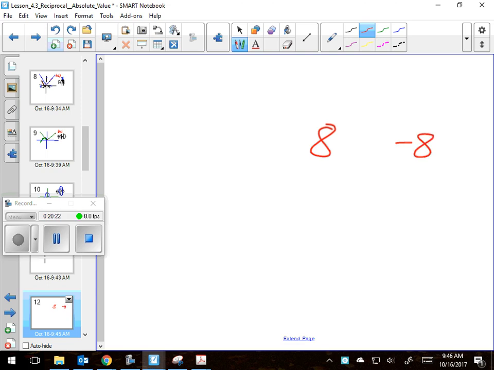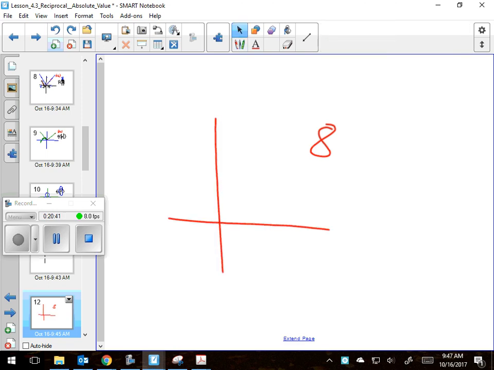Okay, but a reciprocal, that's an important difference. A reciprocal is not the opposite of 8. It's not negative 8. What's the reciprocal of 8? Yes? 1 over 8. So if my function looks like this, let's keep it really simple to start with.